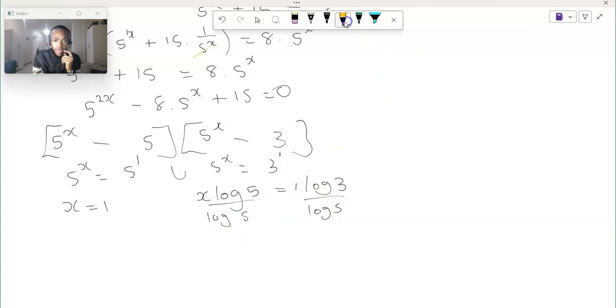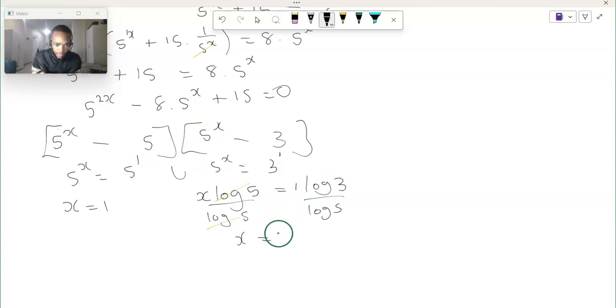Therefore these two will cancel, and hence x will be, if you plug this in a calculator, log 3 divided by log 5.